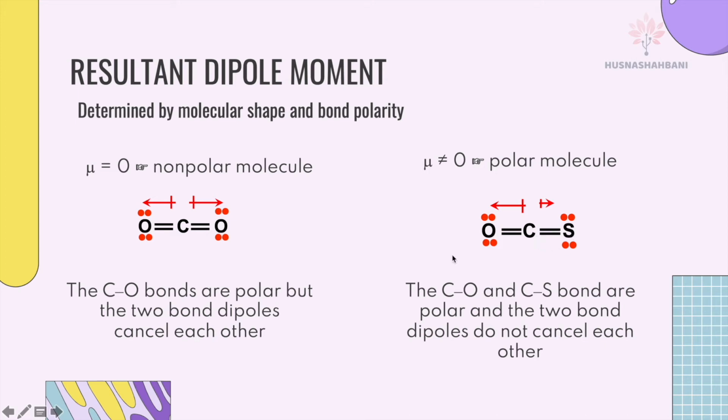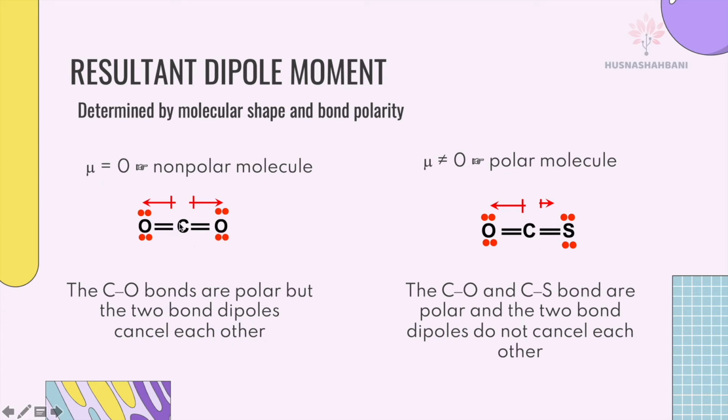So the whole molecule is a polar molecule because they cannot cancel out each other. The CO and CS bonds are polar and the two bond dipoles do not cancel each other because they have different values.